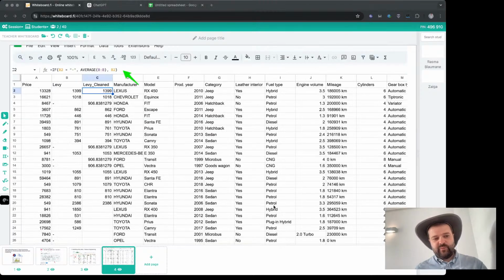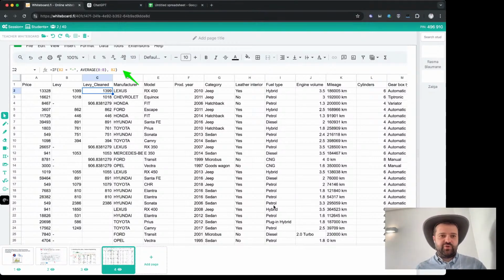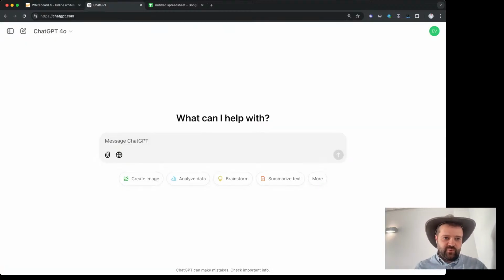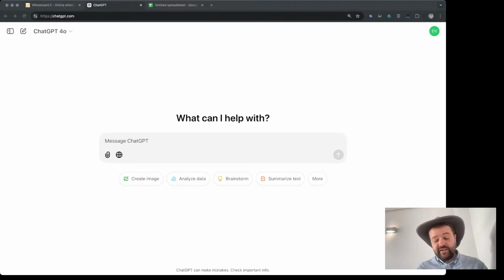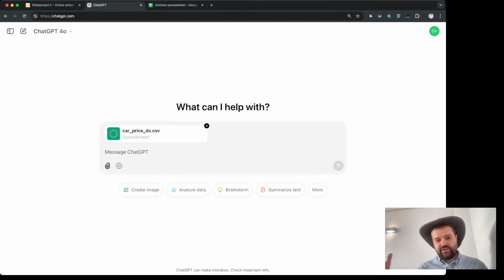Maybe you know some ways to do this more easily, but the main idea today is just to show these methods, not to dig for very long inside the data itself. You will have an opportunity to clean up a little bit of data in a homework, but again, this is nothing complicated. So now, how you would do this in ChatGPT.